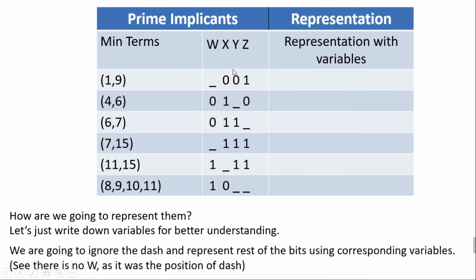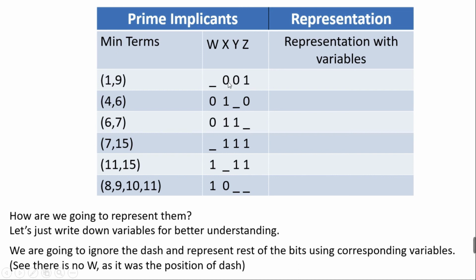We're going to ignore the dash and represent the rest of the bits using the corresponding variables. There is a dash at the first place, so we're going to ignore w completely, and for the rest we can see 001.